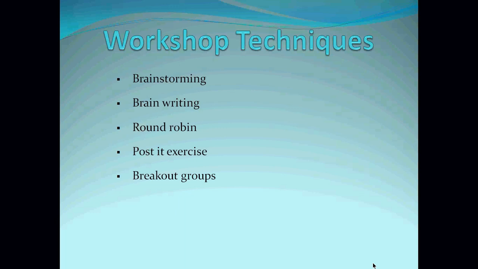Instead of writing individually, they collaborate together in that group and come up with whatever tasks you give to them. So it's just a way for the group to collaborate together. Then they can discuss and brainstorm as well and write what you actually want them to discuss.